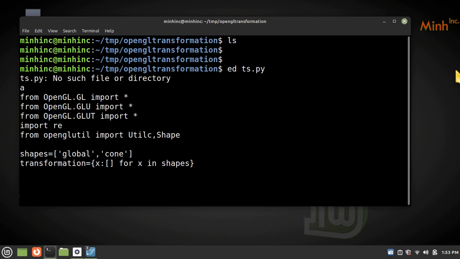So this is a dictionary where each key is whatever we have in shapes. So in shapes we have two, global and cone. Default shape is global.